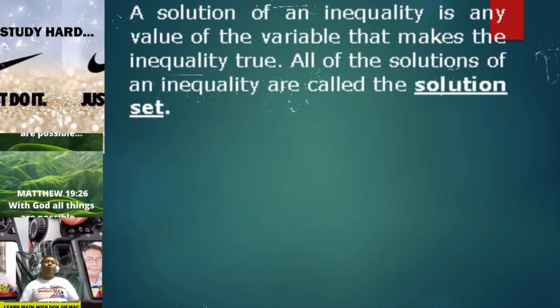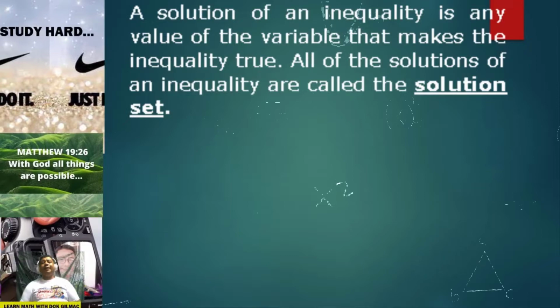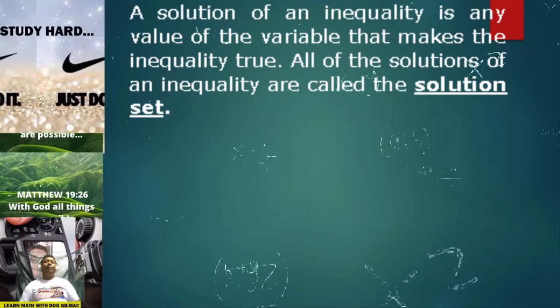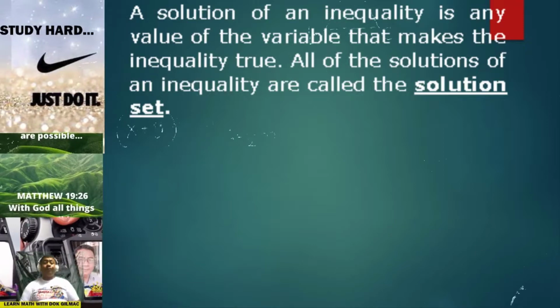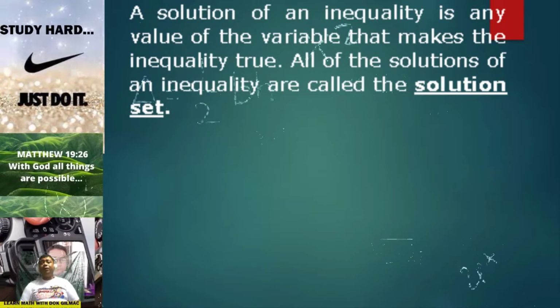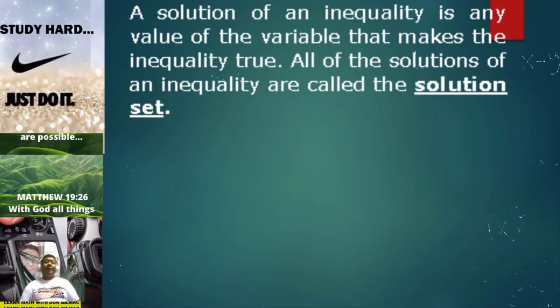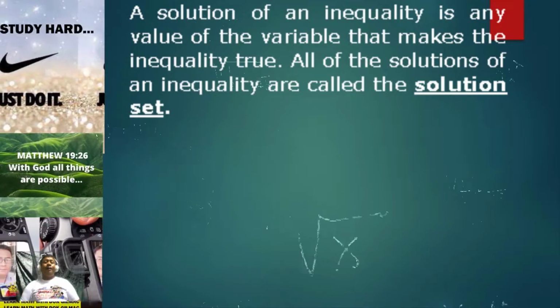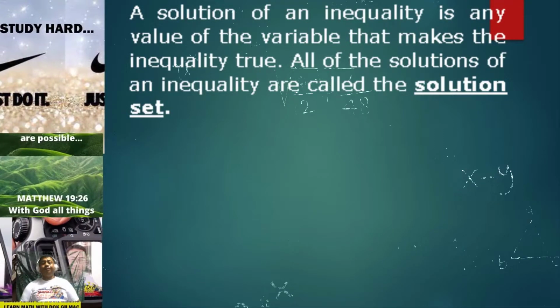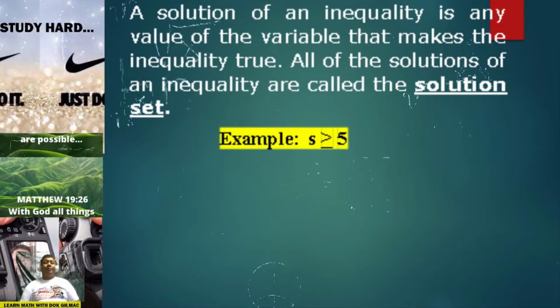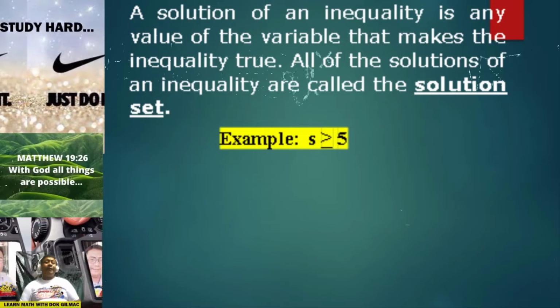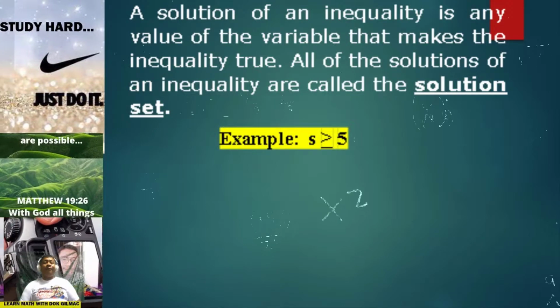A solution of an inequality is any value of the variable that makes the inequality true. All of the solutions of an inequality are called the solution set. Example, S is greater than or equal to 5.